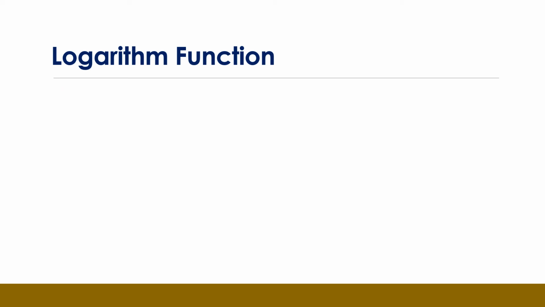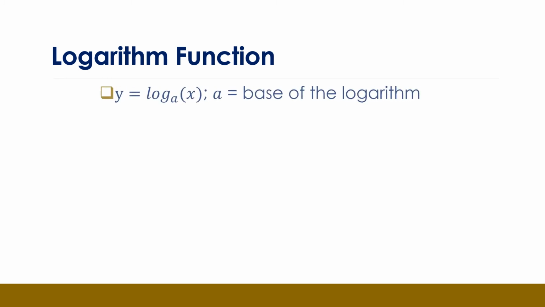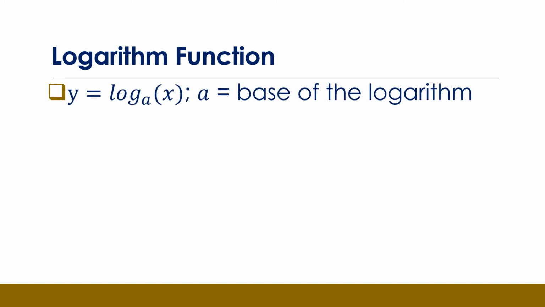Let's now look at the logarithm function. The logarithm function is one that has common use in econometric modeling, especially when transforming data to reduce variation. If y is a logarithm function of x, then we write log a x. A is known as the base of the logarithm.